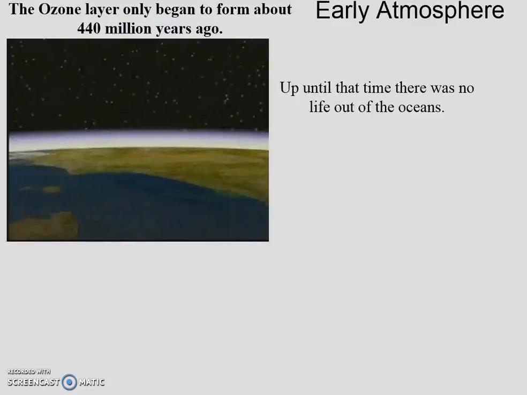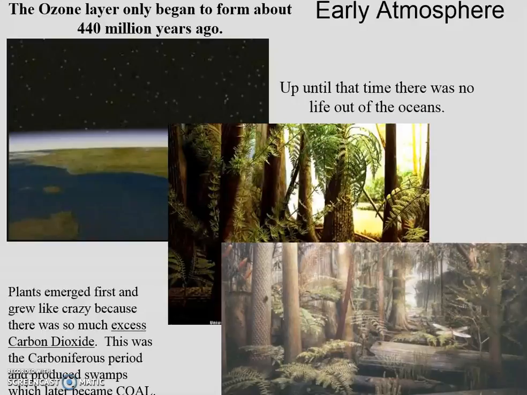Now, our early atmosphere, when the ozone layer actually began to form, was about 440 million years ago. And up until this time, there was really no life out of the ocean. So it took some time for oxygen to accumulate. And then plants started to emerge and started to grow excessively because there was so much carbon dioxide. And we saw during this period of time large forests start to develop, the coniferous period in the geologic timeline.